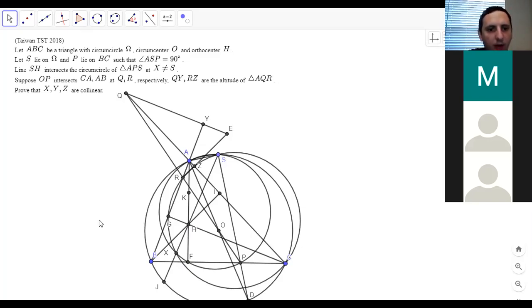Cyclic. Yeah, I see that too. Okay. So because we would have XSGC because X is the midpoint of H. Yeah, okay. So we have XSGC is cyclic, and we have RSZC is cyclic, and then I think we still need one more thing because we don't know they are the same.